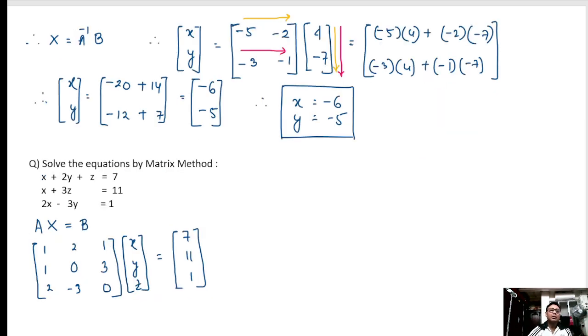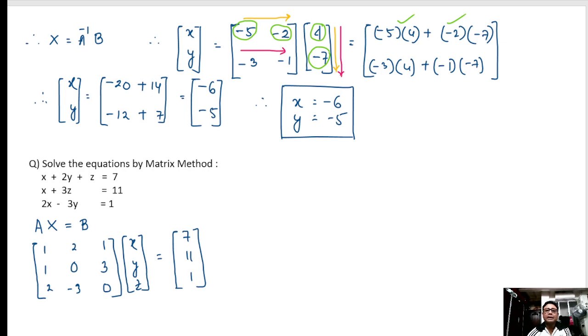Now, how to find X, that is A inverse of B? So this is the X, Y matrix, A inverse into B. How to multiply, as I told you, how to multiply this matrix. First of all, take the row: -5 into 4 plus -2 into -7. So you will get this.